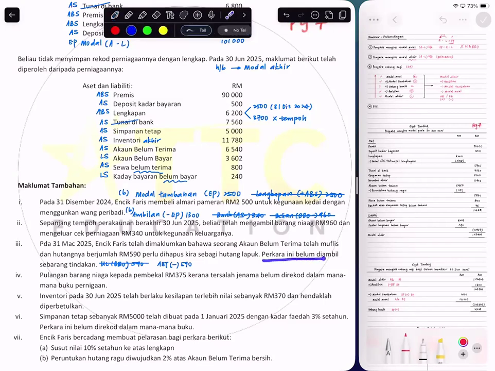And some more dimension: perkara ini belum diambil sebarang tindakan. That means we haven't take any action. We haven't record this transaction. So do we need to adjust ABT by using this figure? Yes or no? Belum diambil sebarang tindakan means we haven't record. If we haven't record, do we need to adjust this value in the question ABT? Yes. Only need to adjust the account showing in the question when they mention this kind of sentences.